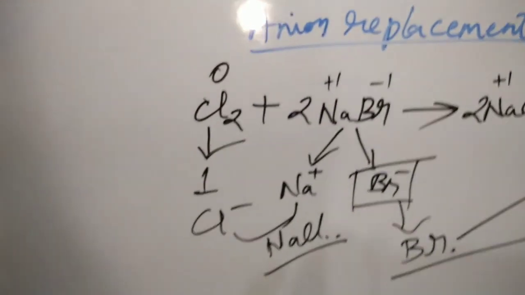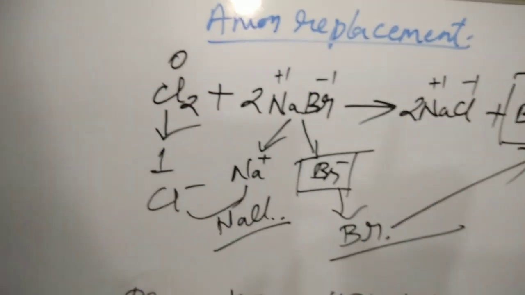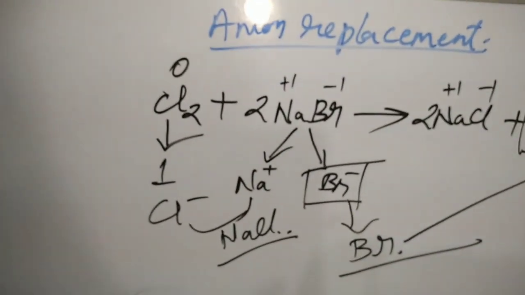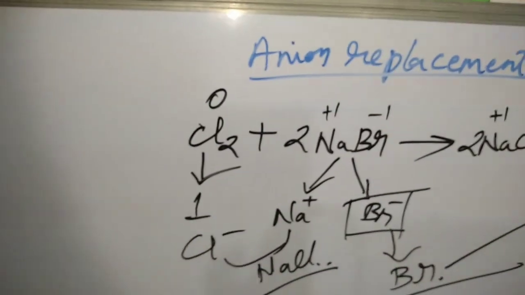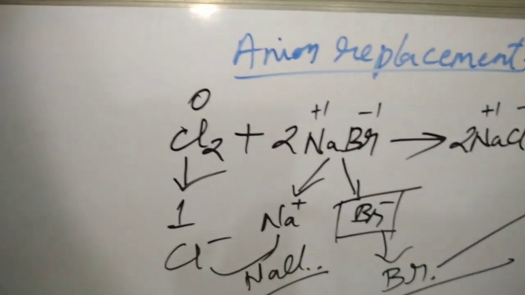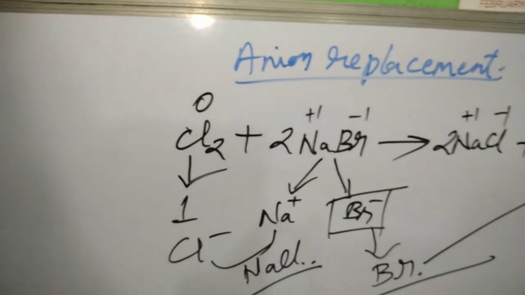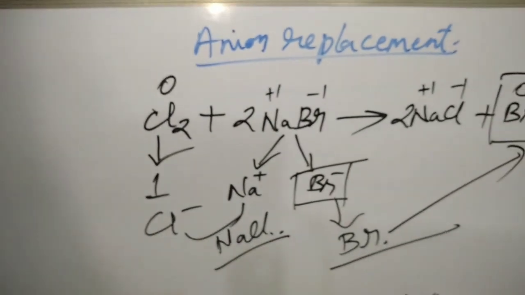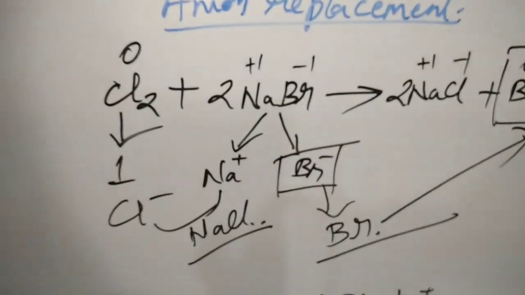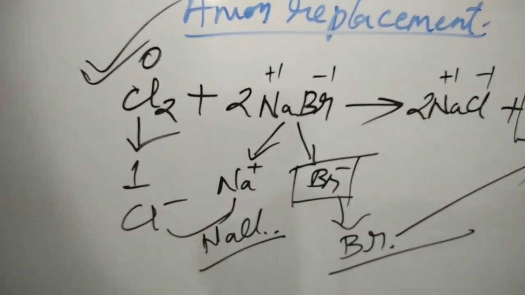Before moving on to the next subtopic, please remember one thing. The cationic replacement will always happen with the metals only. Okay students, and the anion replacement will always take place with the reaction of the halogens. Understand?